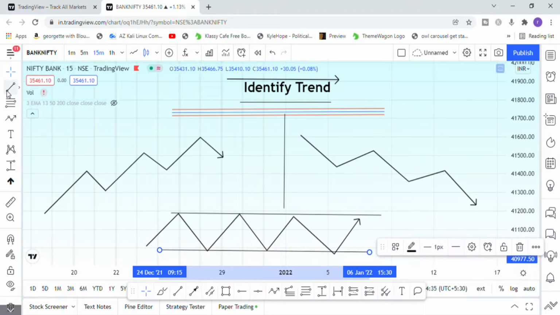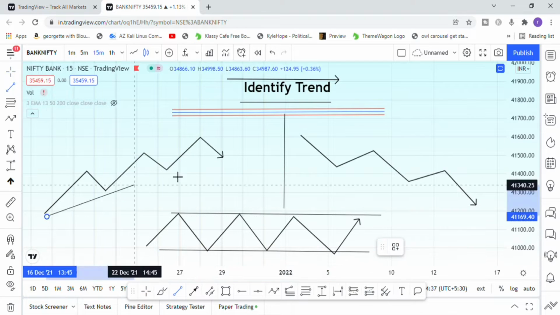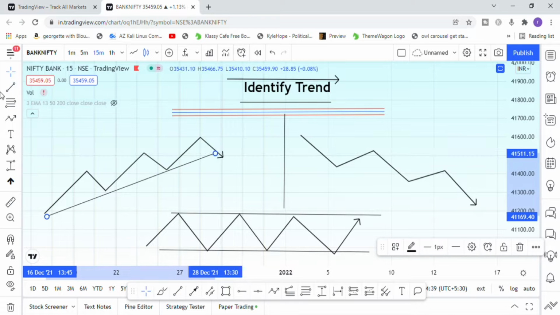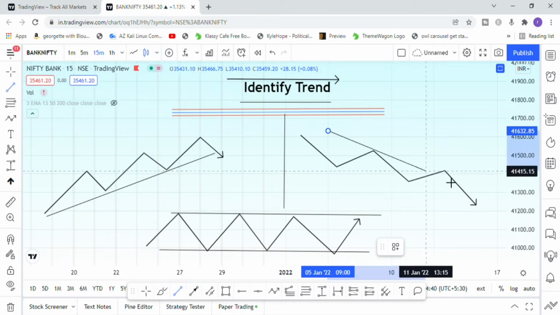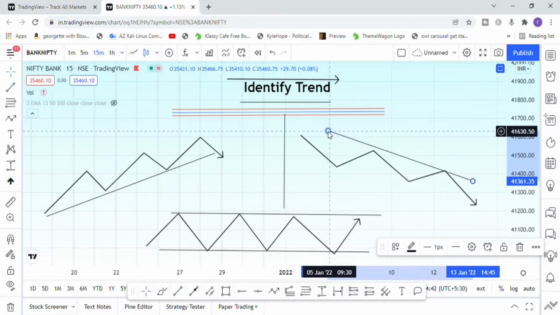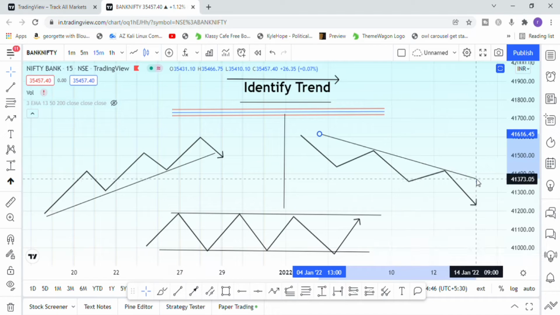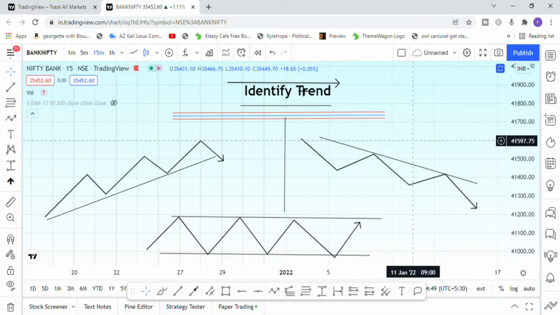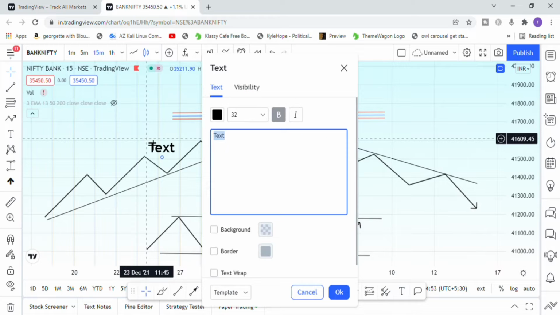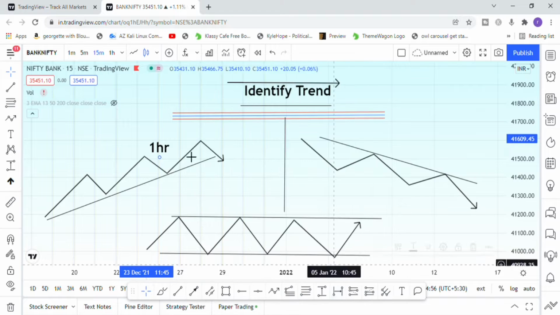So let's see how the market looks in an uptrend and in a downtrend. What time frame is good for identification of trend? I highly prefer the 1 hour time frame.